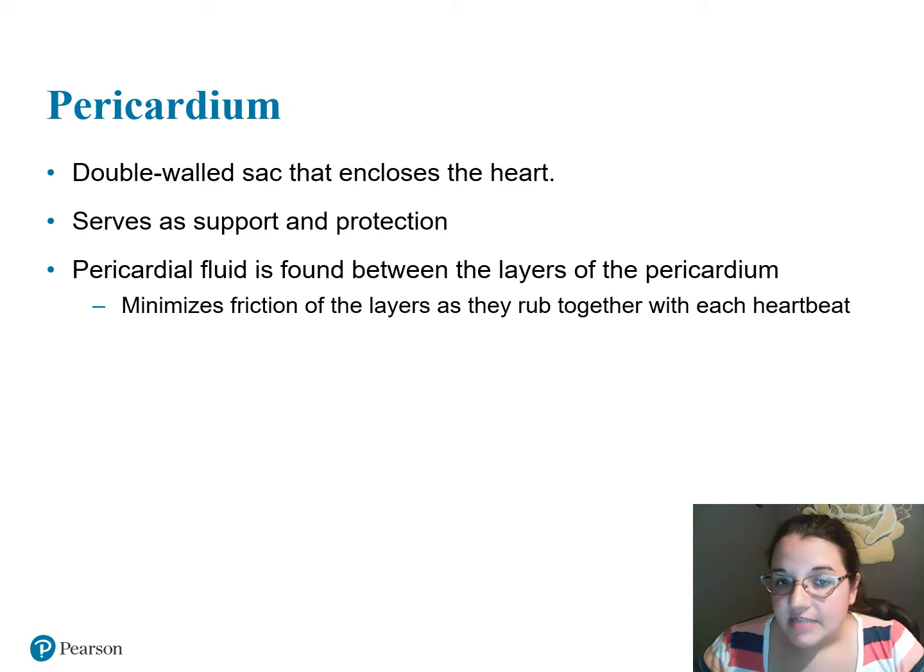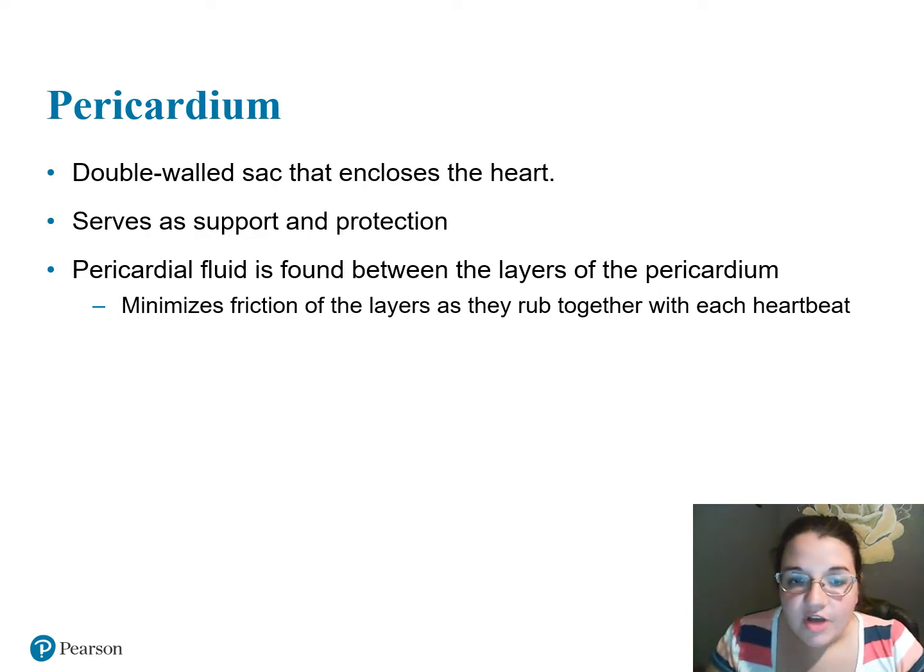And then you're going to have what's called your pericardium. Your pericardium is a double-walled sac that encloses the heart. So two different ways that you can think to remember this is, first of all, when you boil an egg and you crack that boiled egg, you notice there's that clear film on the outside, right?